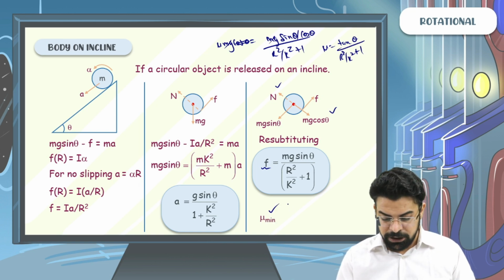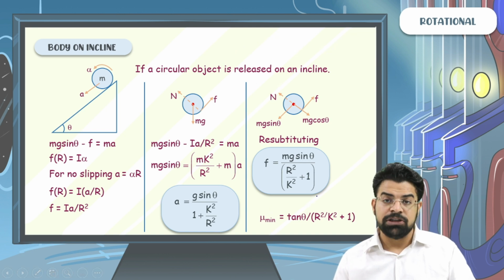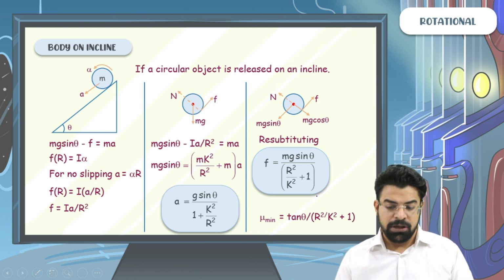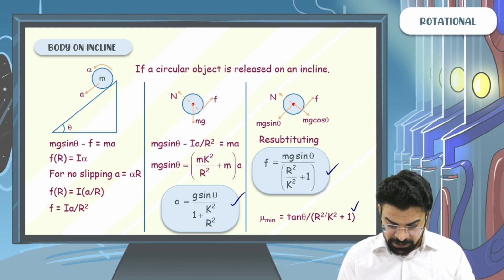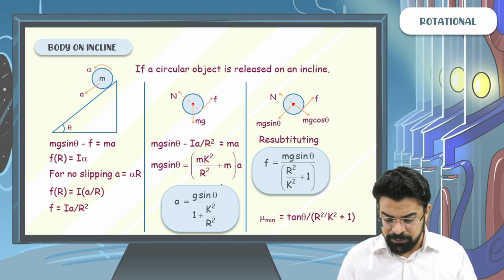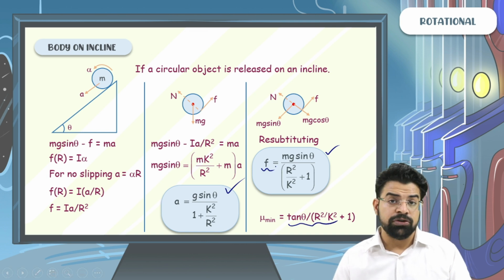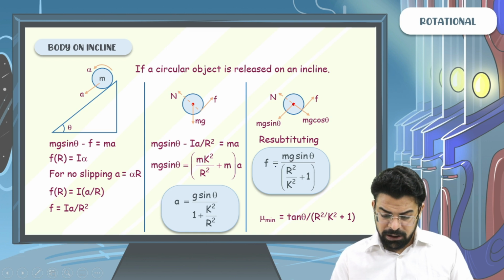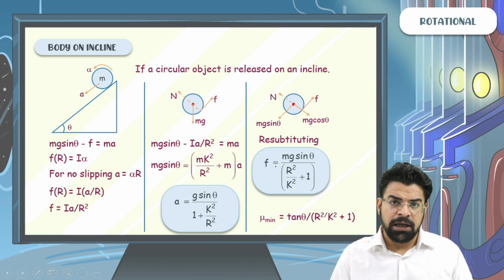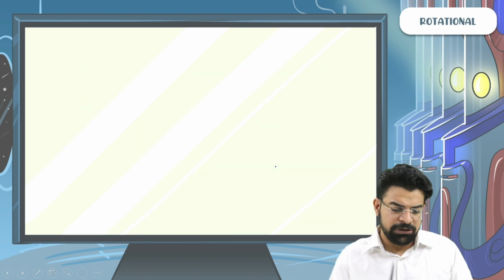So this is mu minimum equals tan theta upon R square by k square plus 1. You need to remember these three results. If you remember these two, you will get the third one automatically, substituting friction force equals mu mg cos theta. Okay, let's move on and study some important points based on this.